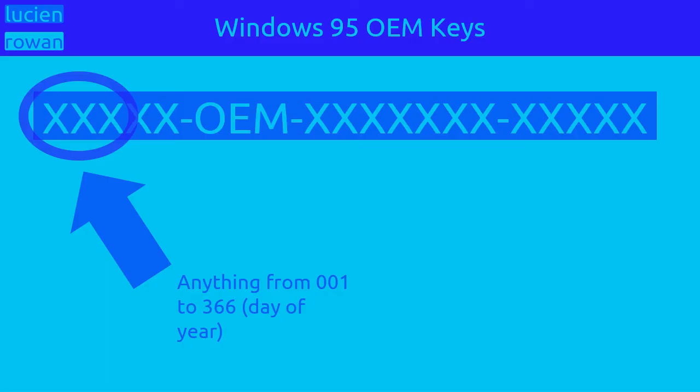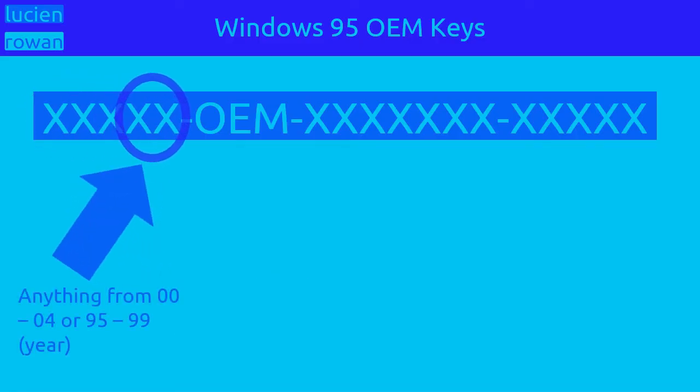In the next 2 digits we have anything from 00 to 04 or 95 to 99. This represents the year the key was created in. Microsoft apparently schedules the keys to be made from 1995 to 2004.